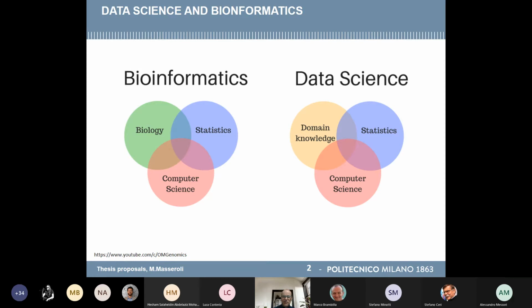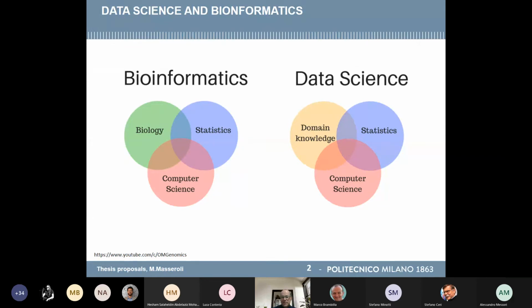Like data science, bioinformatics is the intersection between 3 major aspects: statistics, computer science, and molecular biology, or biology in general, whereas in data science the third aspect is the general knowledge of the domain to which data science is applied. So actually, in my case, data science is applied mainly on biological and biomolecular data.